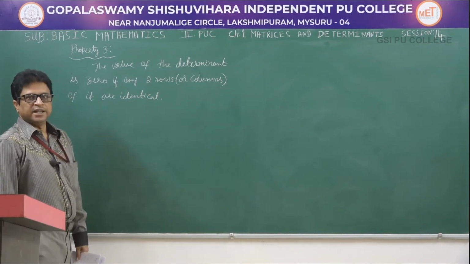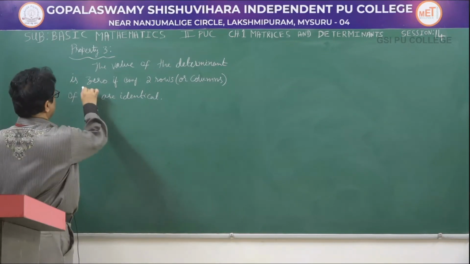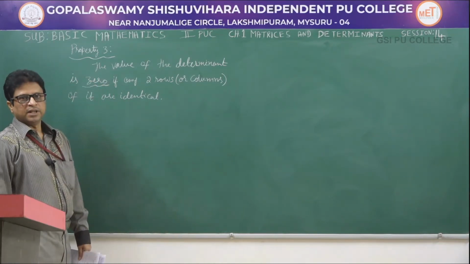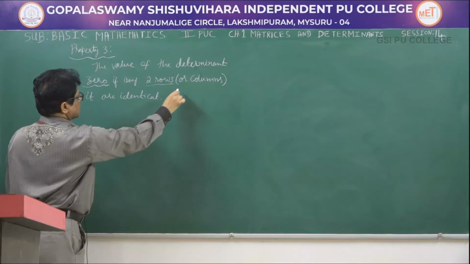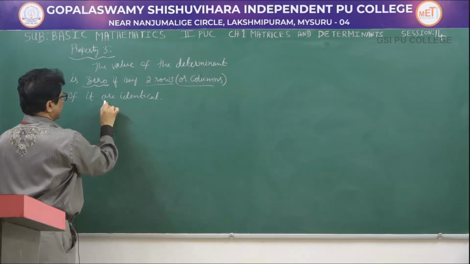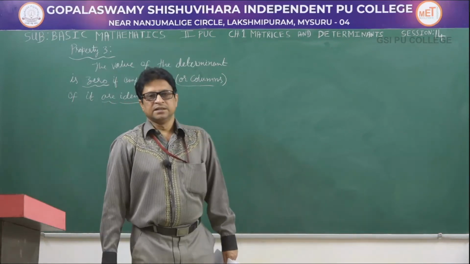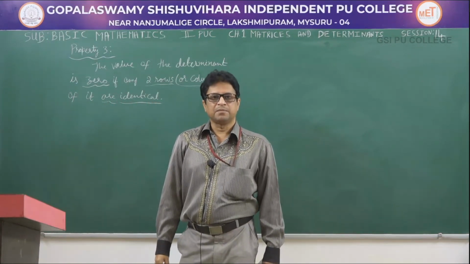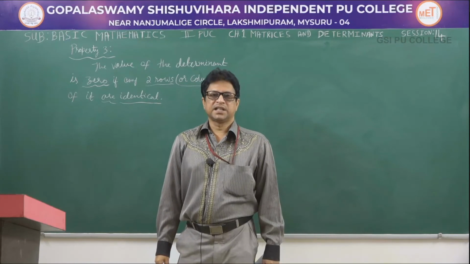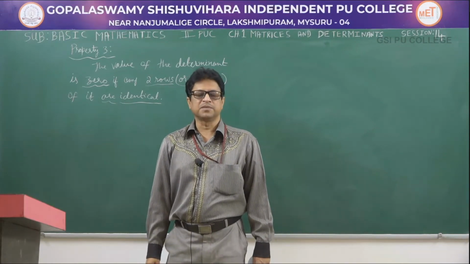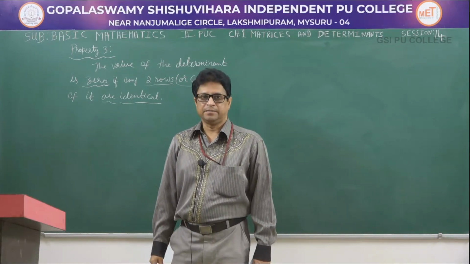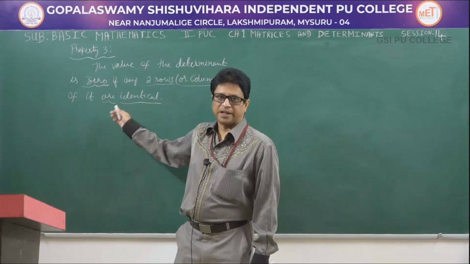That means the value of the determinant becomes 0 if any two rows or columns of it are identical. Let us prove this property.